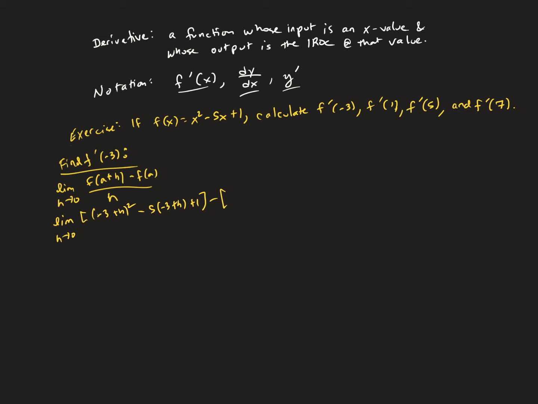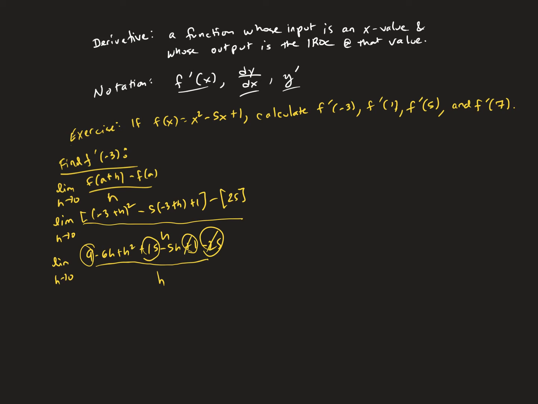Minus f of a, which would be 9 plus 15 plus 1, which I believe is 25, all over h. So I'll FOIL that thing out on top. And when I go to simplify, I have a 9 here, a 15 here, a 1 here, and a -25. Those all go away. And remember, when you're doing the IROC definition with h, that should always happen. Everything that doesn't have an h should go away.